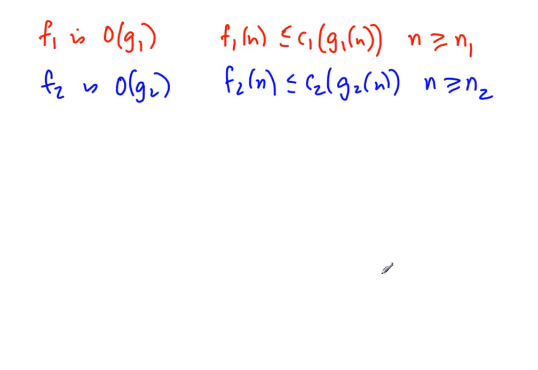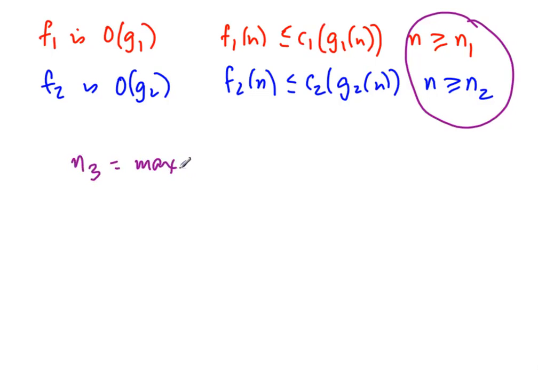Now I'm going to take these two values and define n3 to be the bigger of the two. So beyond n3, both these properties hold for both these functions. We will also choose c3 to be the maximum of the two constants, so c3 is max of c1 and c2.